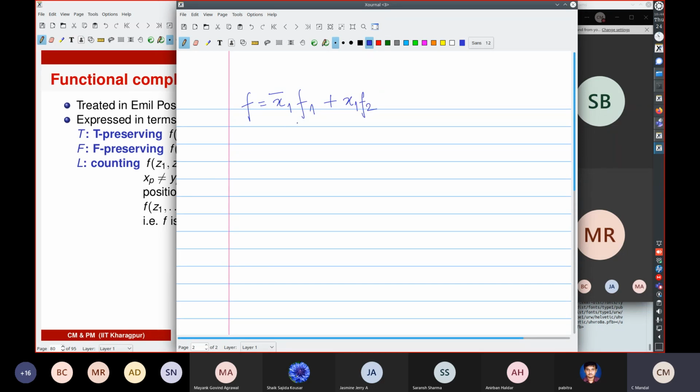So what is this f1? So this f, say it is defined on x1, x2, ..., xk. And what about f1 and f2?